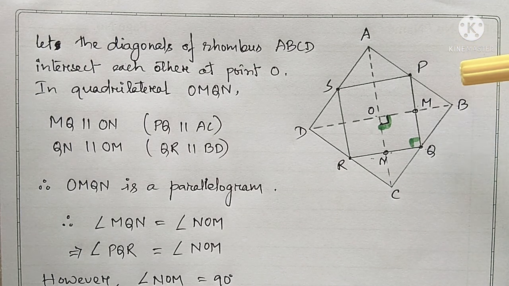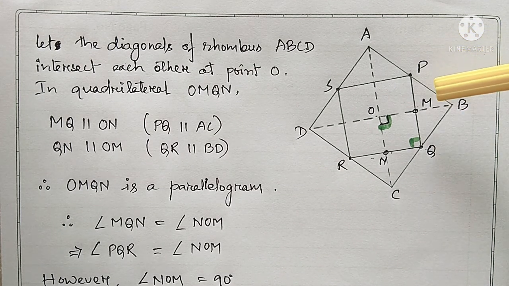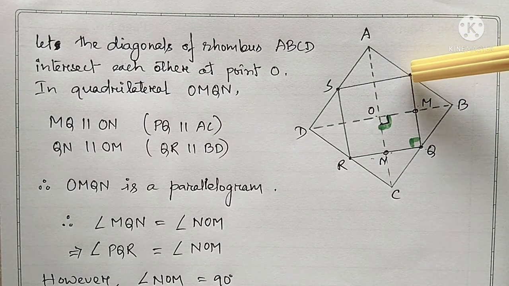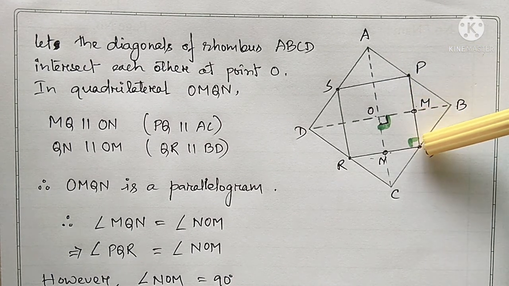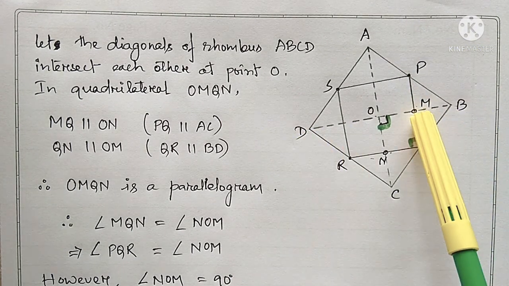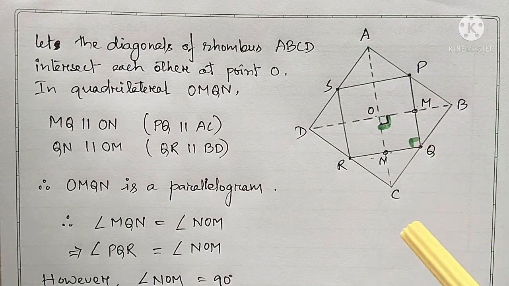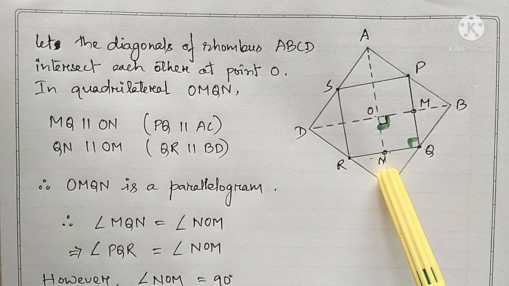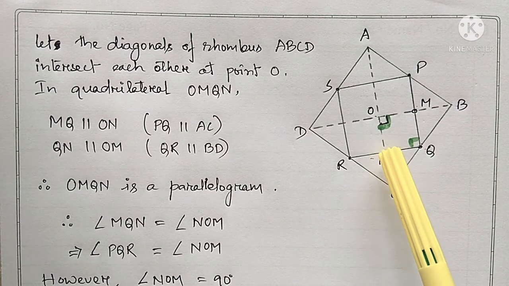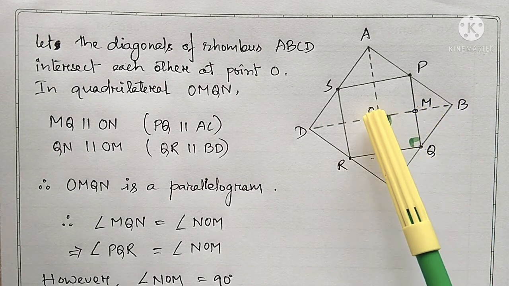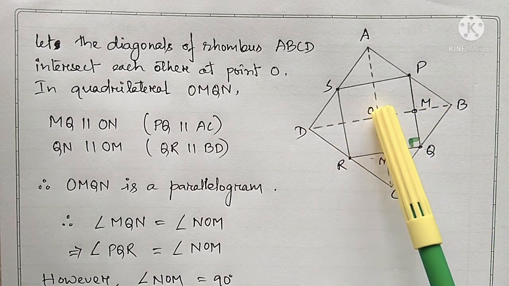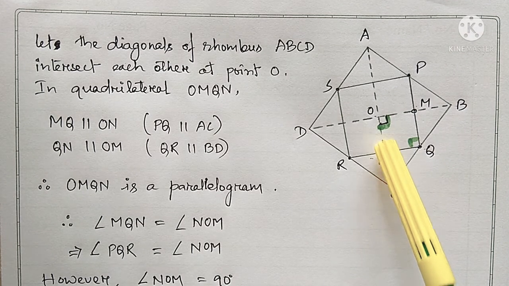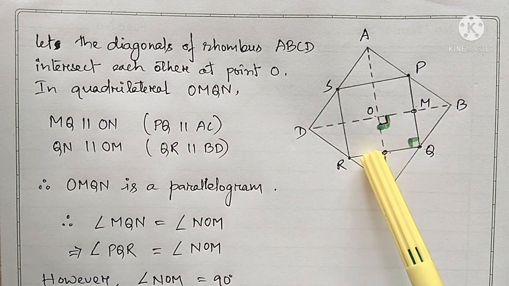Now, one more thing here, we put some names. PQ intersects BD at this point, denoted by M, as well as this one is denoted by N. So now we have to take this small quadrilateral, which is OMQN.